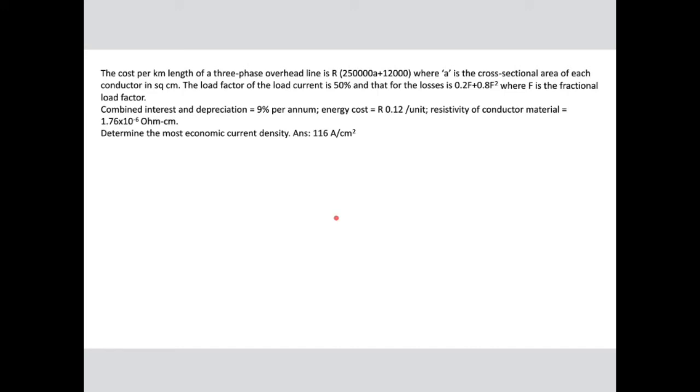The cost per kilometer length of a three-phase overhead line is 250,000 A plus 12,000, where A is the cross-sectional area of each conductor in square centimeter. So the cross-sectional area of the conductor is given in square centimeter.